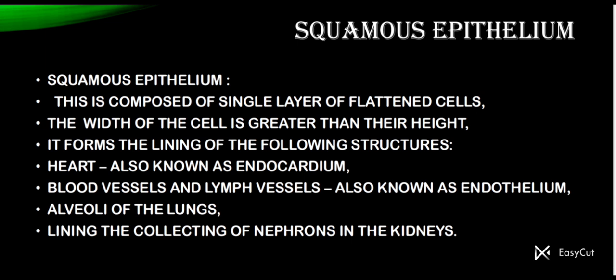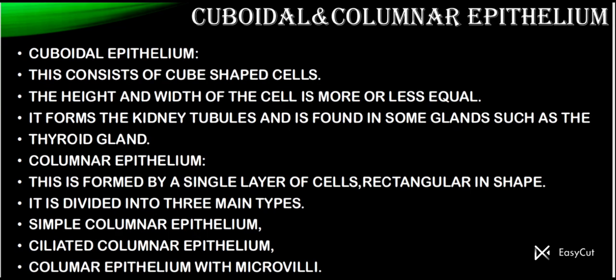The second type is cuboidal epithelium. Cuboidal epithelium is cube shaped. What is the shape of the cuboidal epithelium? Cube shaped. The height and width of the cell are more or less equal. If you see the cuboidal epithelium under the microscope, it is cube shaped, and the height and width of the cell are more or less equal.